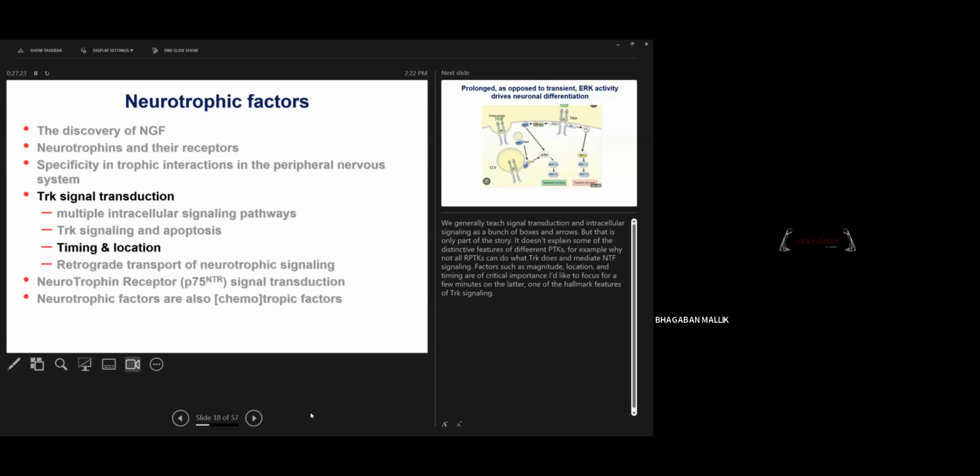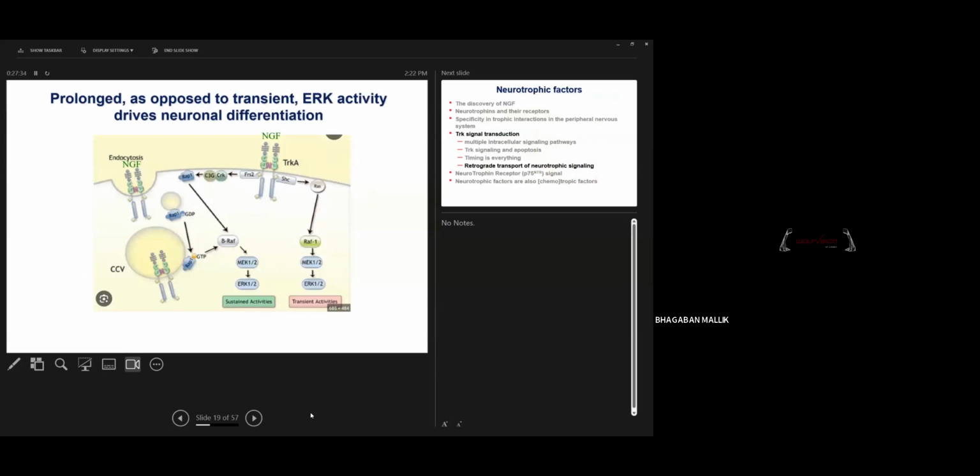Then the next question is the timing and location. So depending on the situation, sometimes you need transient activity, and sometimes sustained activity. Sustained activity means you need a longer signaling cascade. Transient means suppose you need it immediately. Okay, so here showing two different modes of receptor tyrosine kinase activation and regulation.